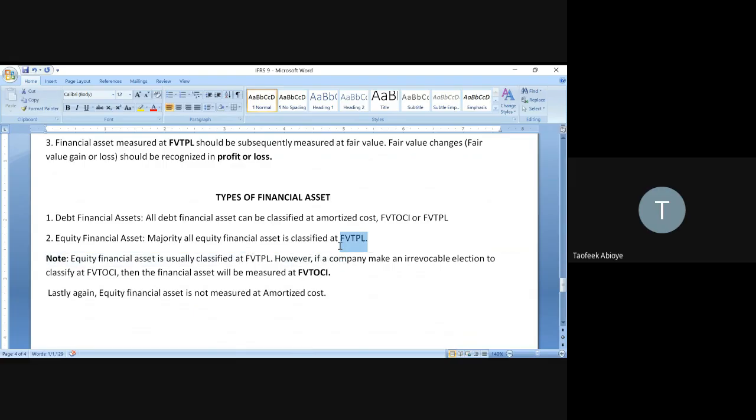Because they will fail the SPPI test. All equity financial instruments will fail the SPPI test. So invariably, they are usually measured at fair value through P or L, because you cannot collect your principal and interest.